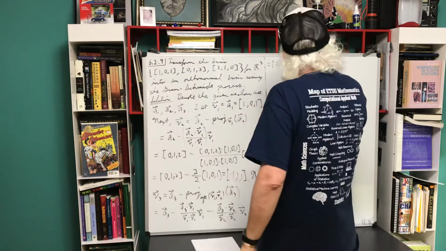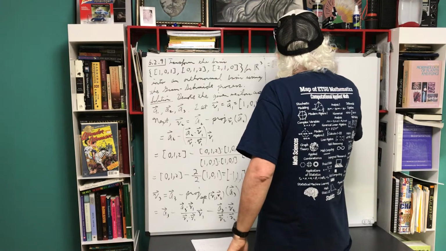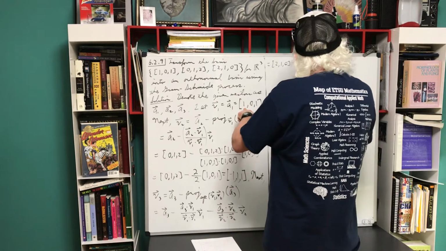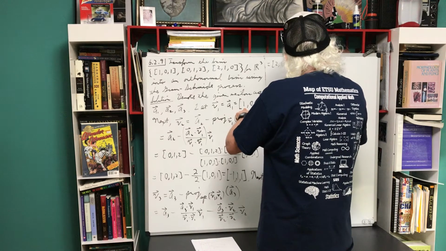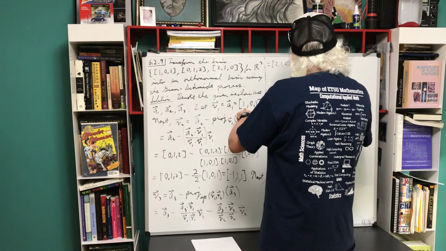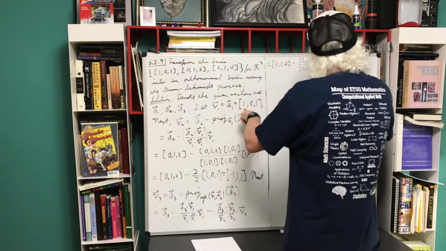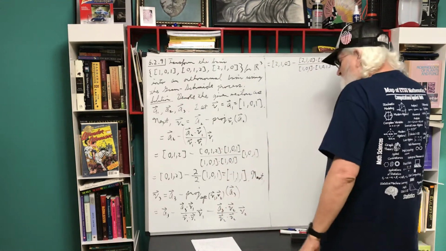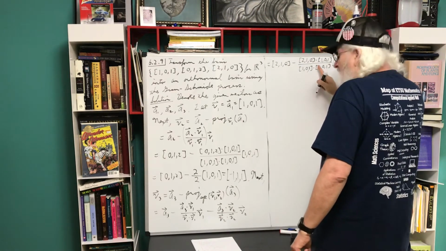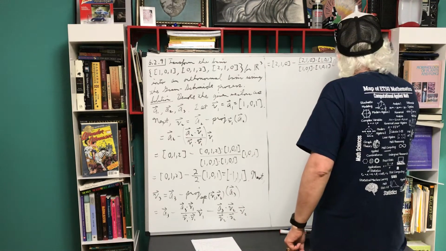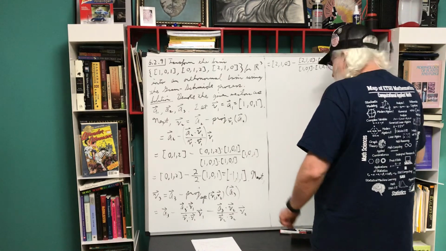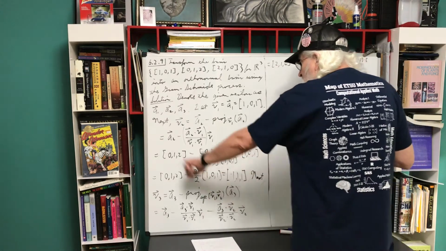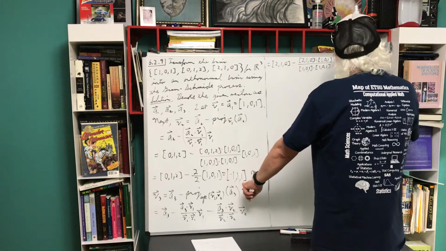Minus, we'll do the dot product: 2, 1, 0 dotted with v sub 1, which is 1, 0, 1, divided by 1, 0, 1 dotted with itself, times the vector v1, 1, 0, 1, minus, let's see if I can squeeze it in on my little board here, a sub 3, 2, 1, 0, dotted with v sub 2. V sub 2 equals this, right?